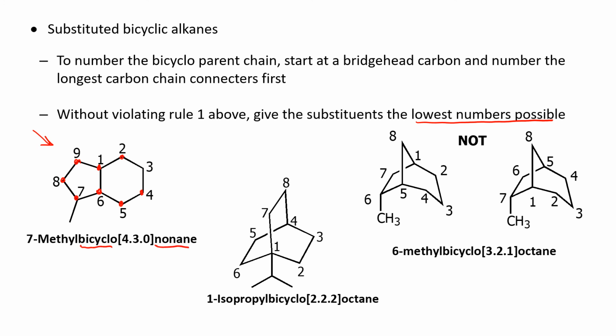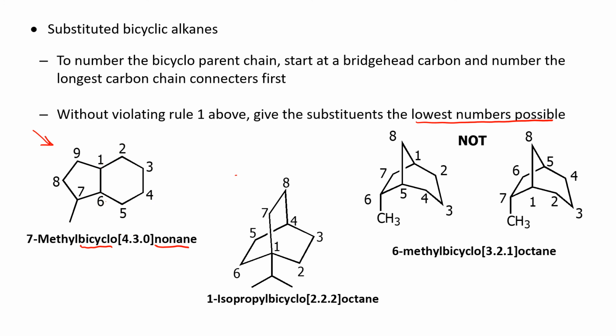bicyclononane. Now I have to number the chain. All right, so remember, we start at one of the bridgehead atoms, and we have to go around the longest chain connector first. So we have to either start here and go that way, or I have to start here and go this way, because this is the longest path I have.